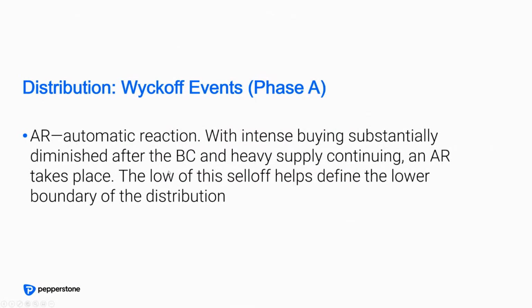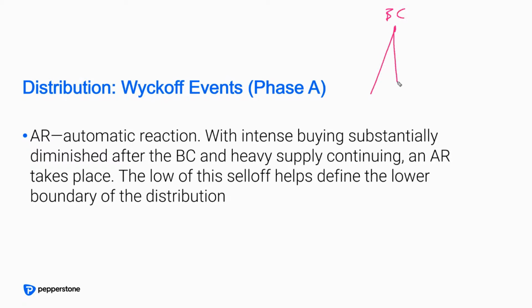So again, in phase A, what else do we have? Well, we have what's called the automatic reaction. The intense buying substantially diminishes after the buying climax, possibly the news, and heavy supply continues. An AR takes place. The lows of this sell-off generally will define the boundary of the distribution. So the buying climax takes us to the peak.